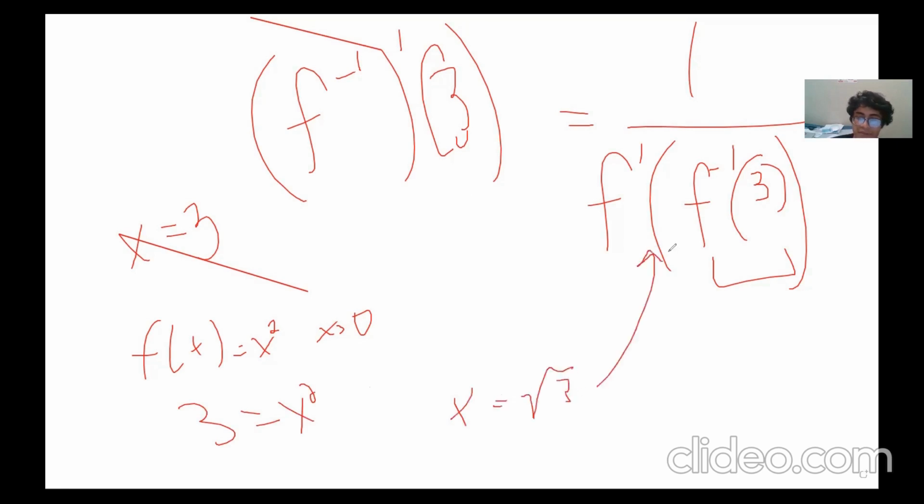So then it would be 1 over f prime of square root of 3. And then you would have to know that f prime in this case is just 2x because of differentiation. And this was a very bad way of showing it. What I want to show, and I just quickly wanted to go over, is the way you might commonly see it with x equals 3.